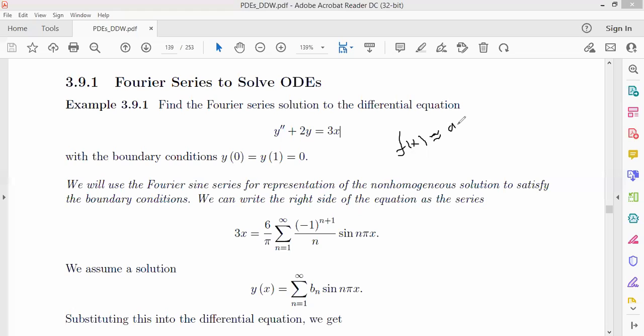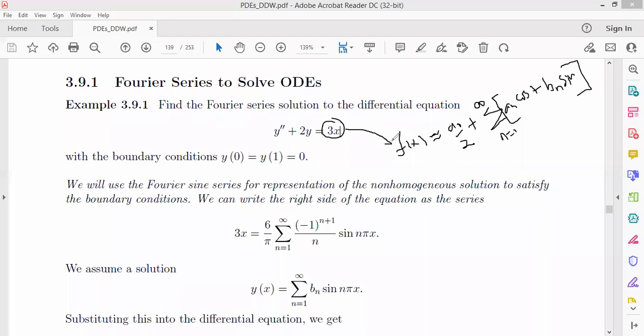It is a naught over 2, plus the sum of a_n cos, you still remember this, plus b_n sine. I'm not writing the whole thing. This whole thing is under those brackets. Here we move from n equal to 1 to infinity. I hope you still remember this. The f(x) here is this 3x.